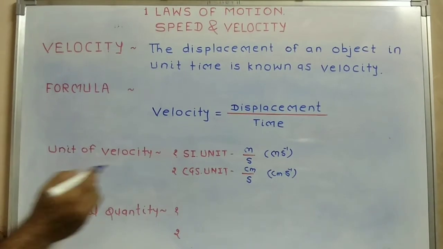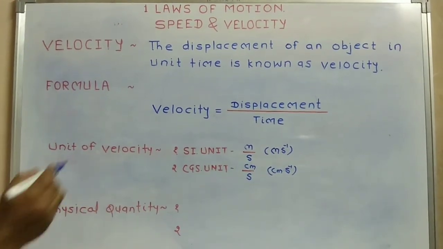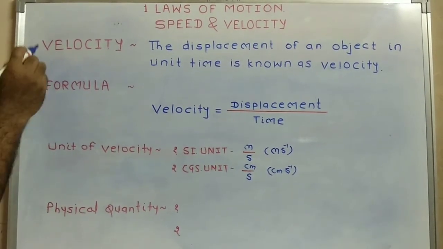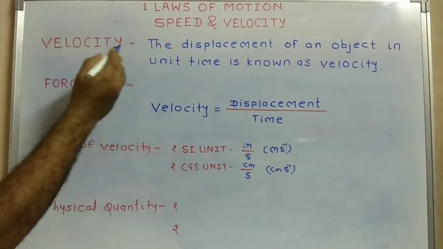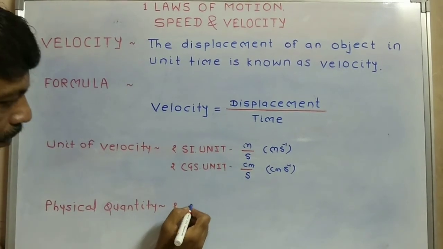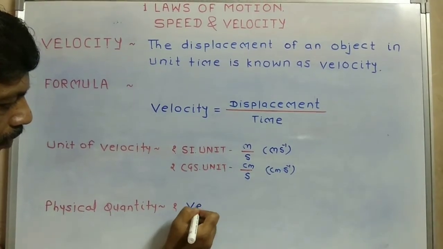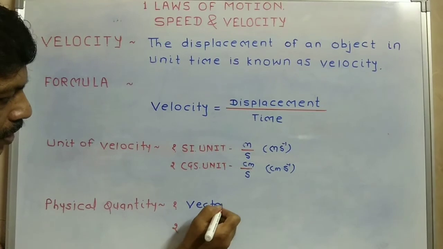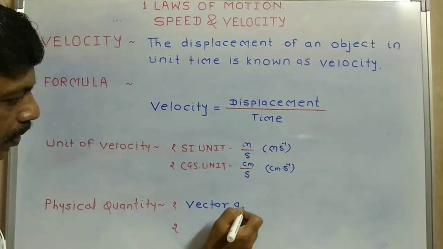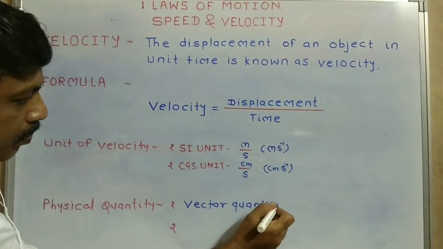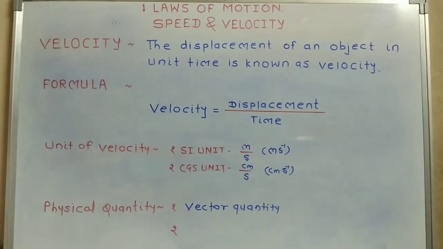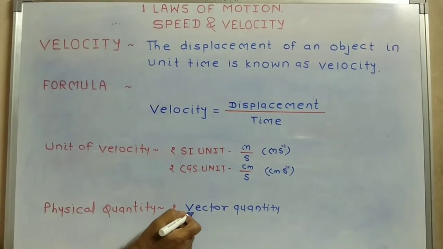Now, is velocity a physical quantity or not? Yes, it is a physical quantity because we can measure the velocity. It has got magnitude as well as direction and therefore it is which quantity? It is a vector quantity, because it has both magnitude and direction.